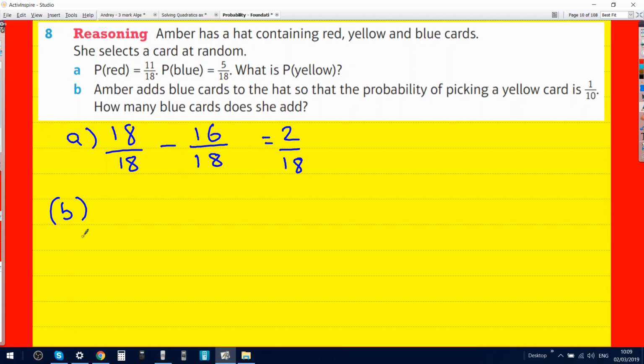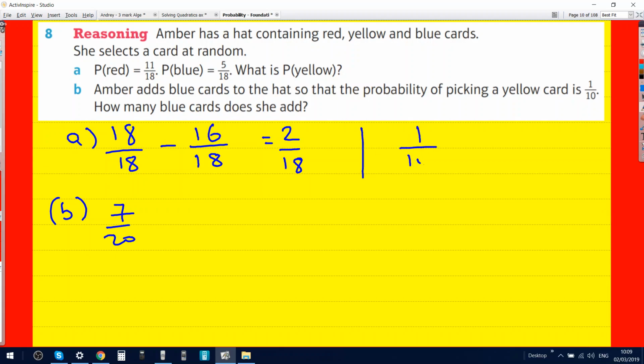So at the moment it's 5 out of 18. What would it be if she added 2 more blues? It'd be 7 out of 18, and the total is no longer 18, it's 20. So that would be 7 out of 20.